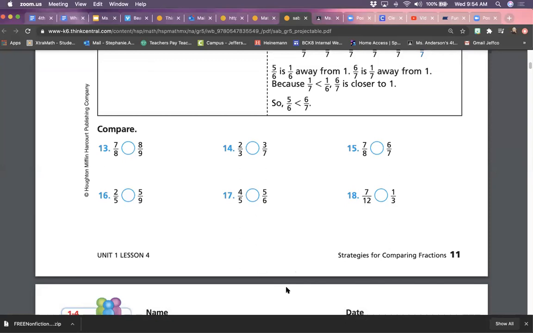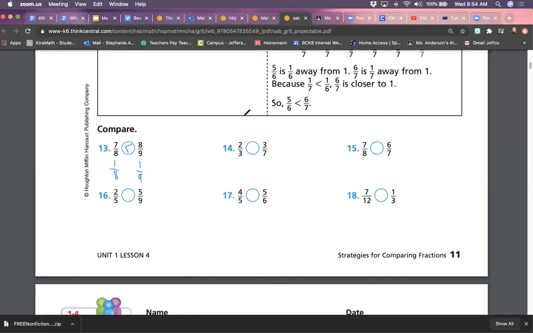I'm 1/8 away, so I'm just going to write that down here. I'm missing an 1/8. Over here, I'm missing 1/9. Well, 1/8 is going to put me further away from a whole than 1/9 because it's a bigger piece. So I know that 8/9 would be bigger than 7/8.